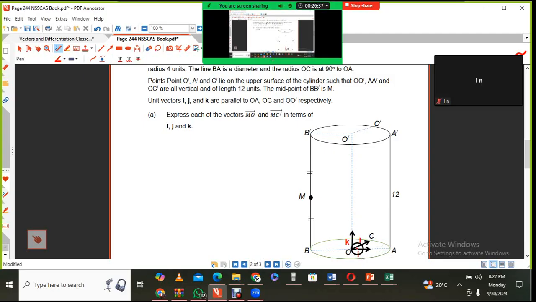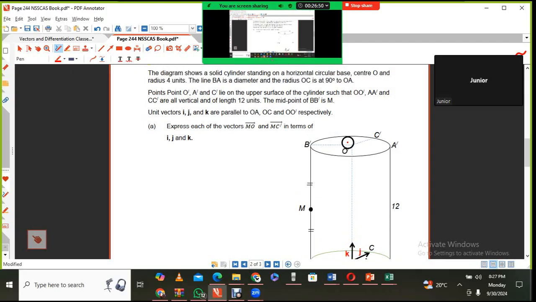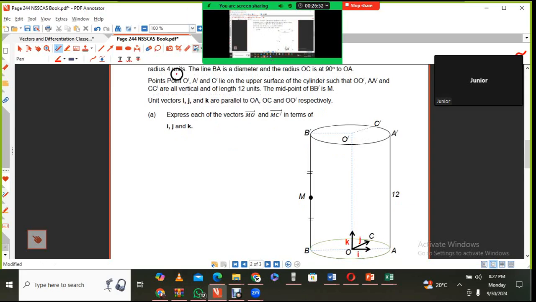Because it's flat, that's 90 degrees, so it will be also from OA to O prime, that little prime that you see up there. So when you have things given to you of i, j, and k, what are they called?